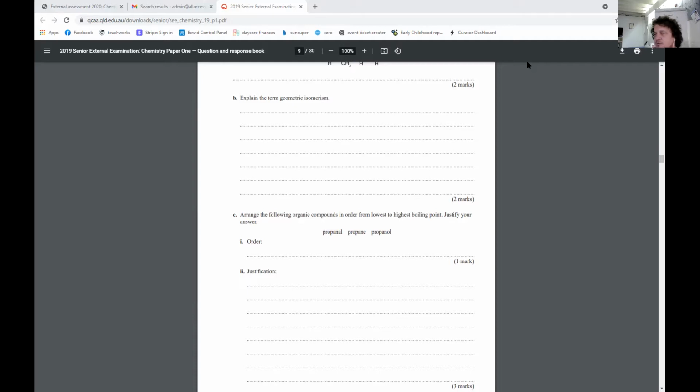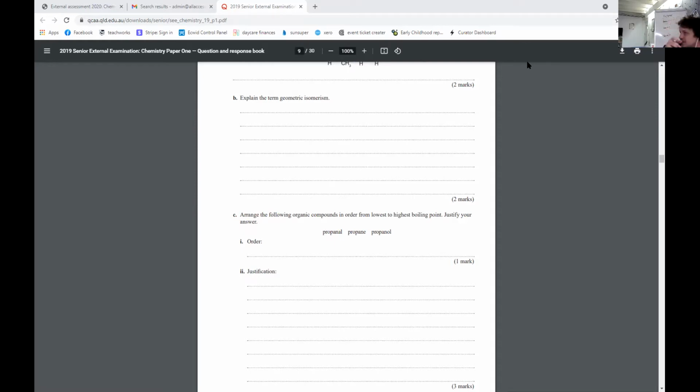All right, so we're looking at boiling points, right? So we're looking at intermolecular forces here. So hopefully you've written this down. So we've got propane, propan-1-ol, and propanal. Right, 30 seconds.